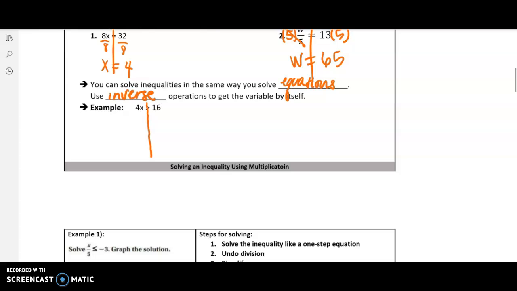And then we're multiplying, so the opposite would be divide by 4 on both sides. 4 divided by 4 cancels out. So that leaves us with x, the 16 divided by 4 is 4. Except it's not equals. We have to use our inequality symbol. And so our inequality is x is greater than 4.